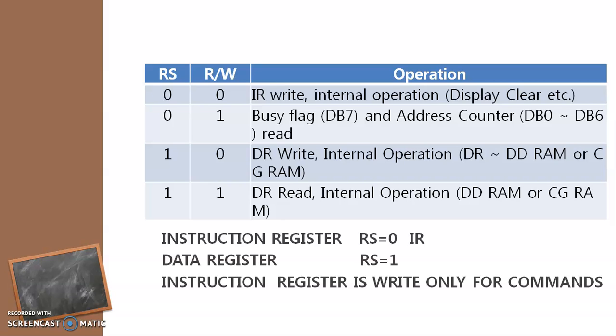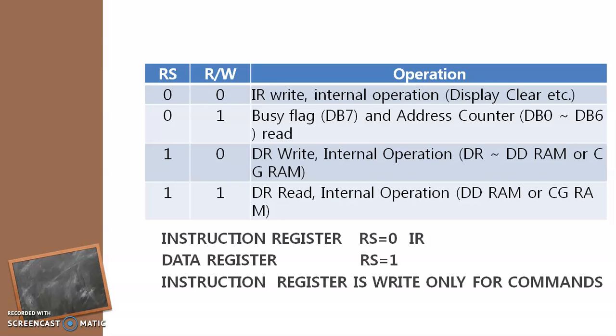Next, RS being 1 and R/W bar being 0. RS equal to 1 implies that it is the data register, and R/W bar being 0 shows that the data is written into the data register. It is an internal operation where it could read the characters from the DD-RAM or character RAM.